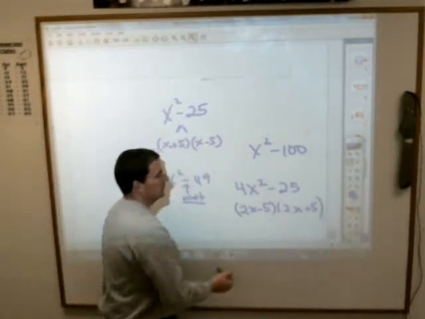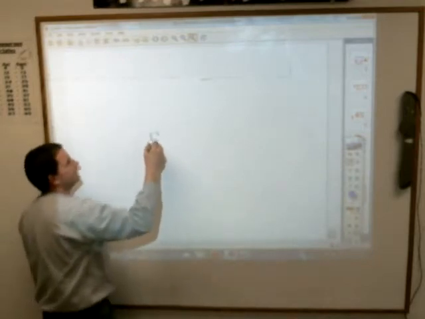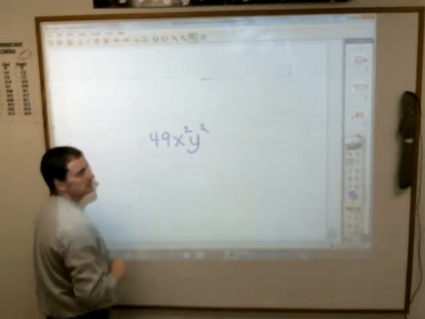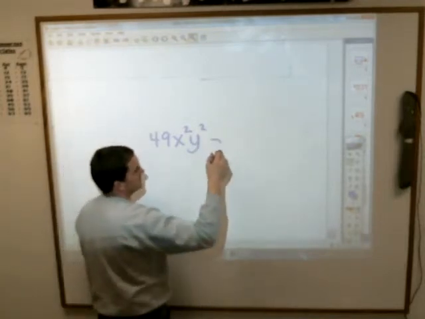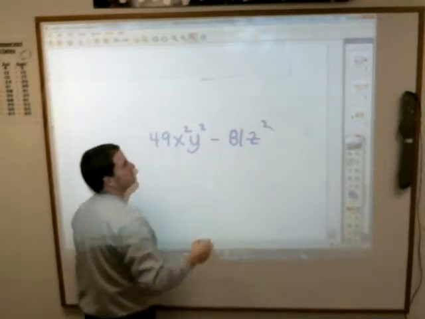Okay. Same thing if you saw something that looked like this. 49x squared y squared minus 81z squared.